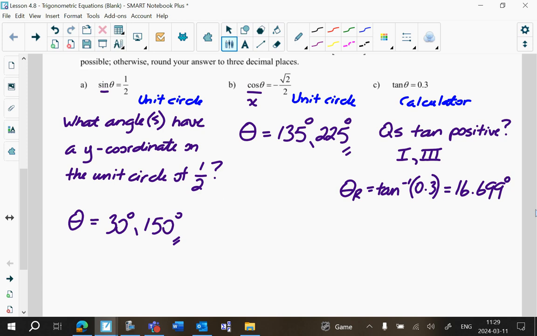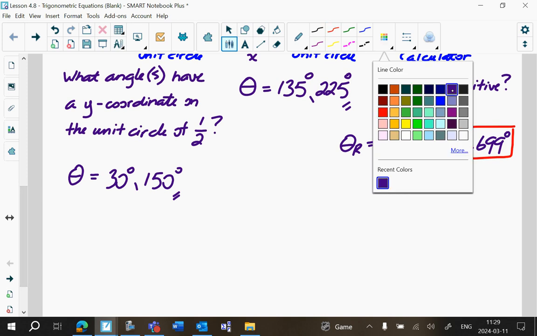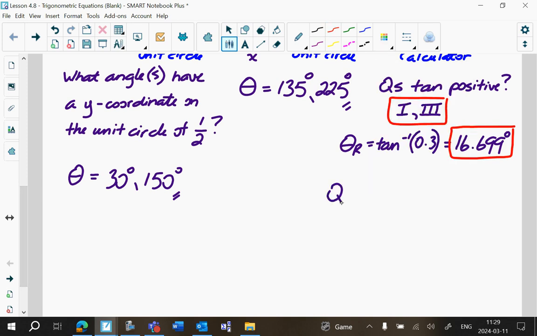So now we're going to use these 2 pieces of information to find our answers. So in quadrant 1, if the reference angle is this, what's the actual angle in quadrant 1?